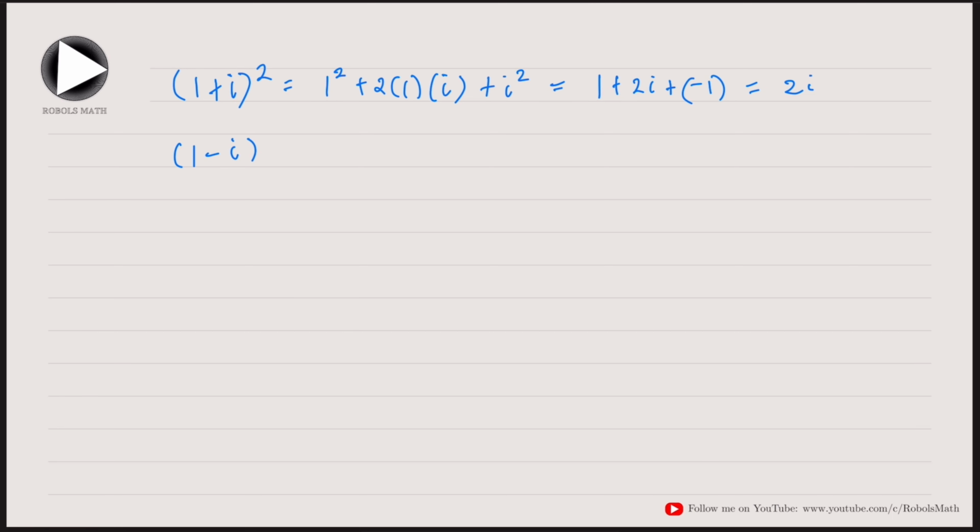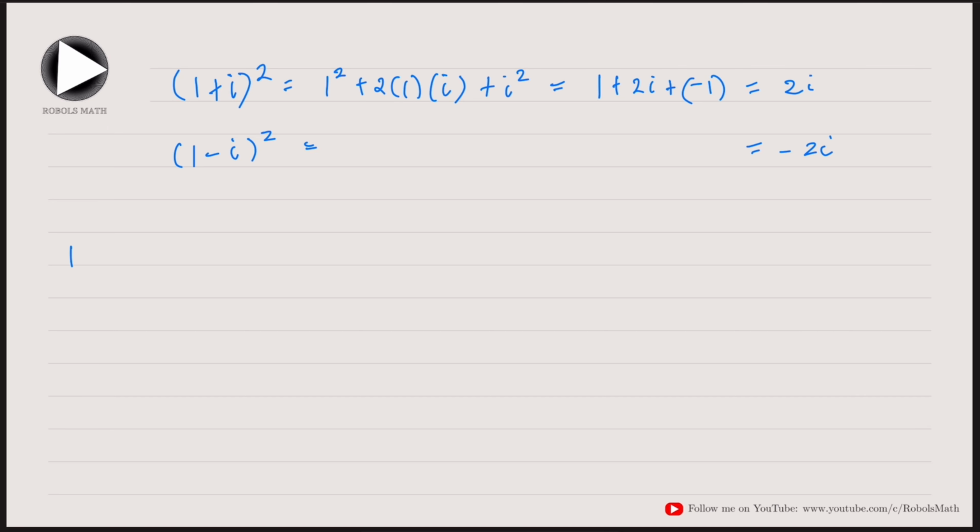So if we do that, we first notice that (1 plus i) squared is equal to 1 squared plus 2 times 1 times i plus i squared by the binomial theorem, and that's also equal to 1 plus 2i plus negative 1, which when we simplify, we get 2i. If we do the same with (1 minus i) squared, we will get negative 2i.